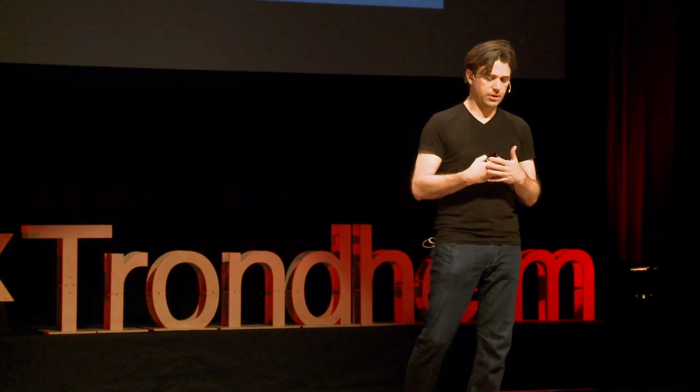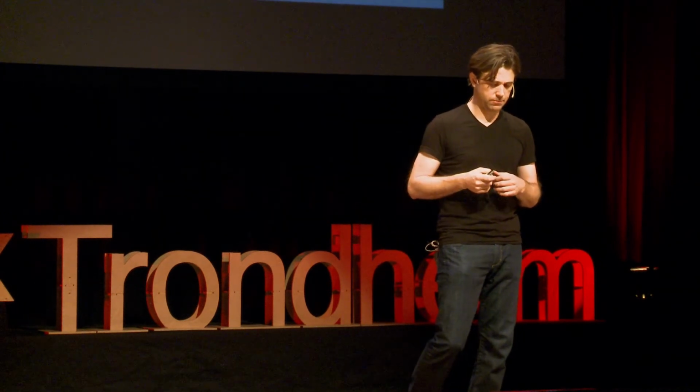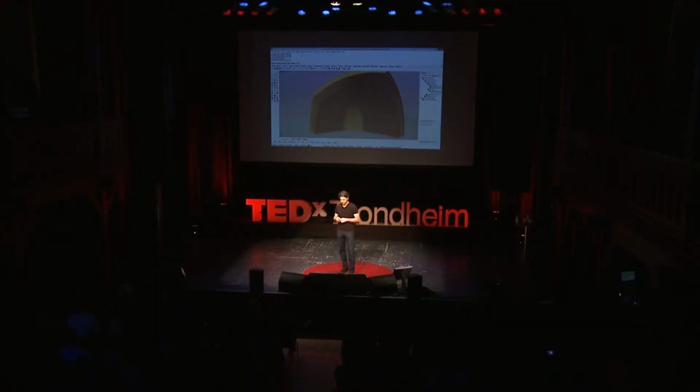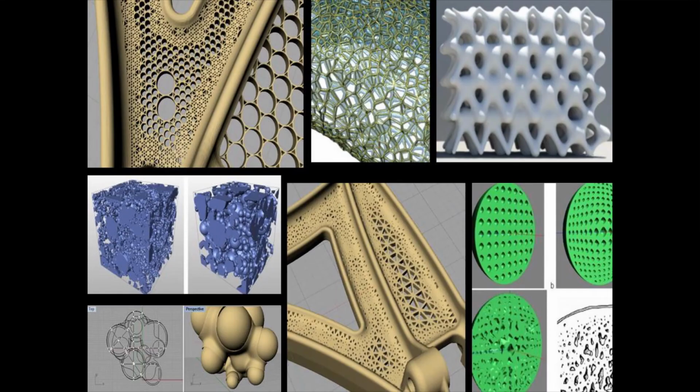So you can actually blend it continuously, and you'll see that here in just a second, which is the coolest part. So there it is. If we zoom in here, you'll see the microstructure continuously blending into a solid shell. So again, taking on attributes and approaches that you would see in nature.